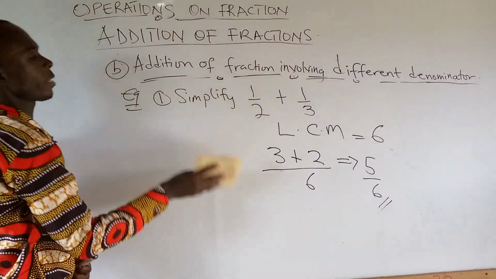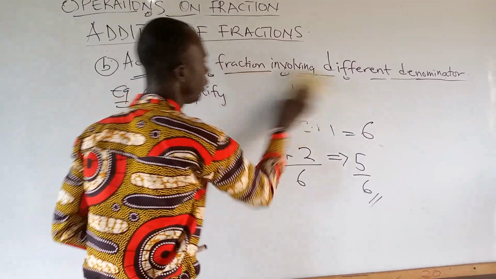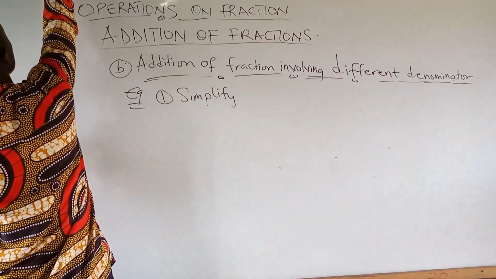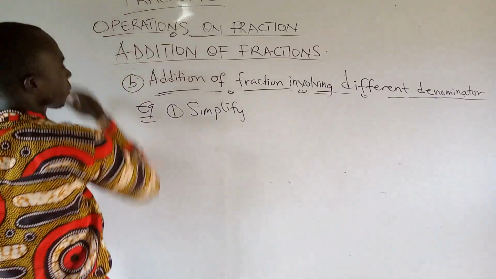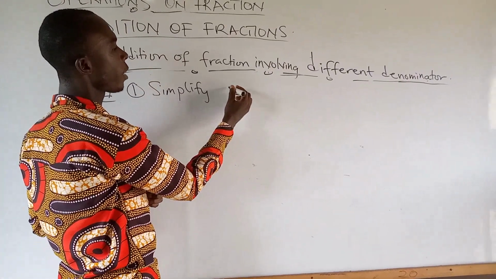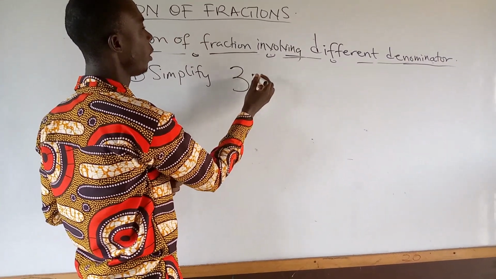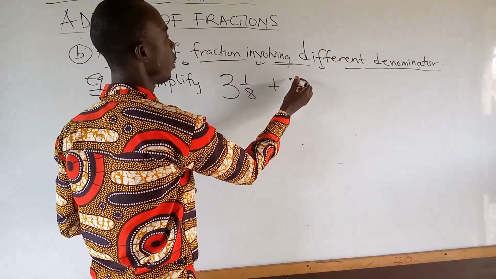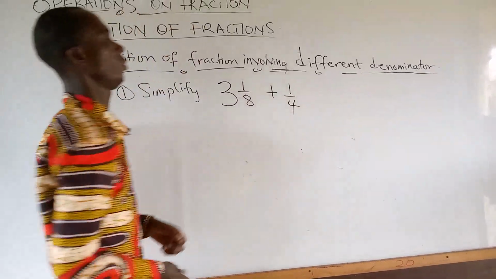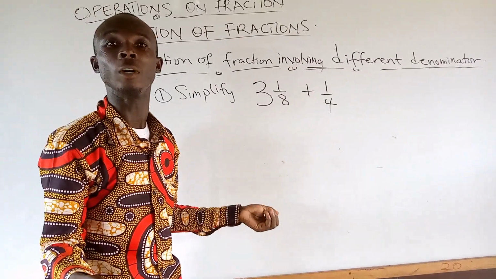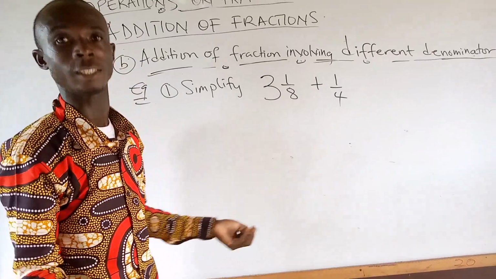Let's take the last example, the last example in addition of fractions. Simplify 3 whole number 1 over 8 plus 1 over 4. And once I've given you a mixed fraction, you should change it to improper fraction.